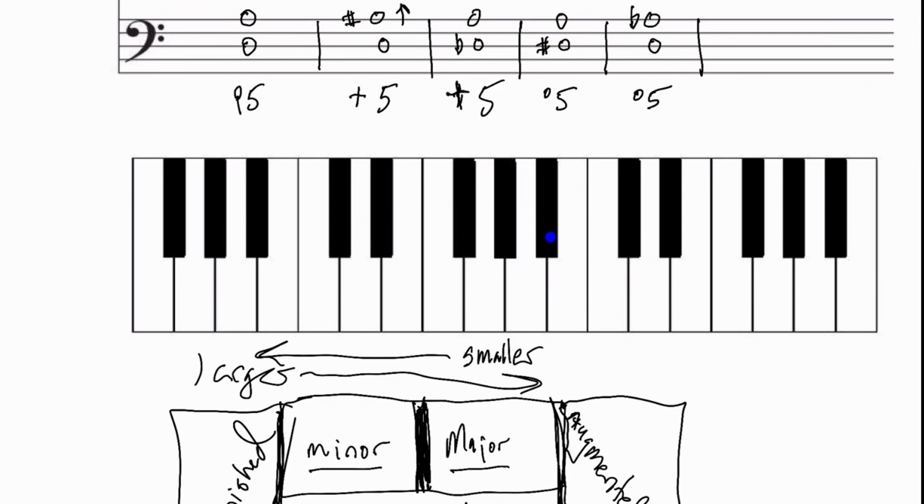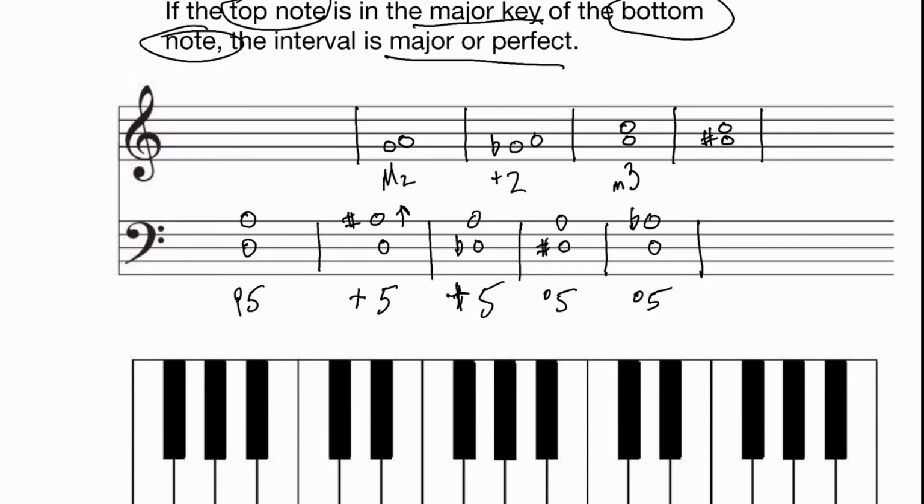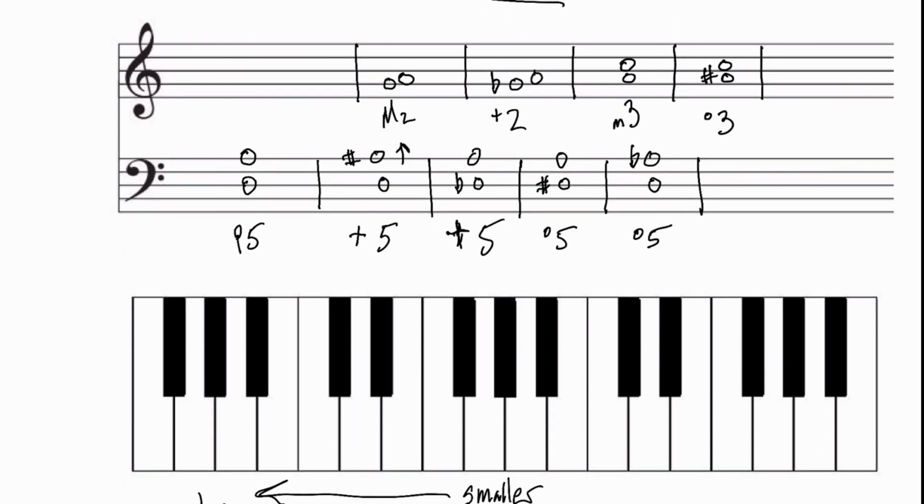Now it's A sharp to C. Looks like a whole step. And on the piano, it is a whole step. But on the staff, it's still A sharp and C. So on the staff, you can still see this is still a third. But it's a half step smaller third than the minor third was.